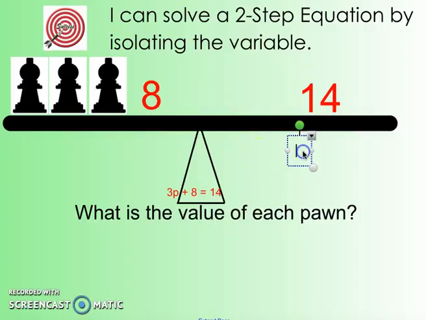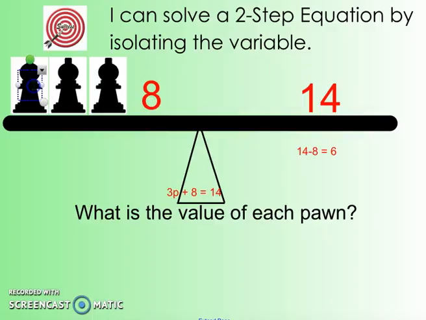If you take 14 minus the 8 that you already know for sure to be true, you get an answer of 6. And if I take away that 8, now I know that the total value of these 3 is 6. And so now I can figure out what each pawn is worth.